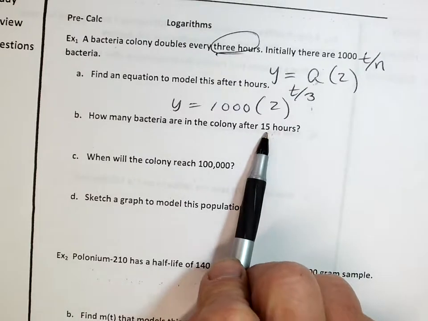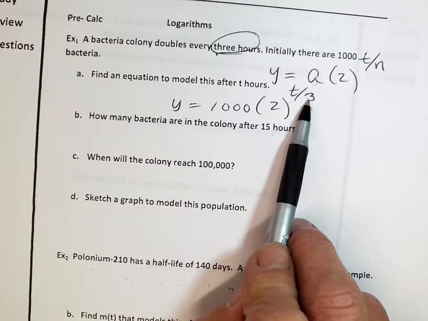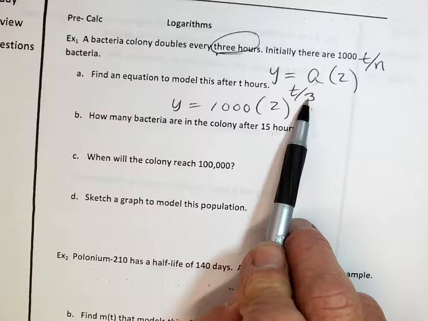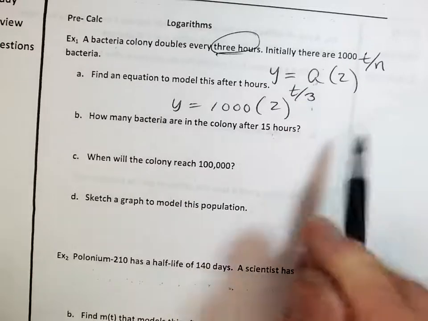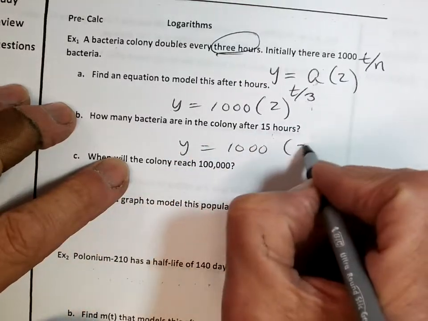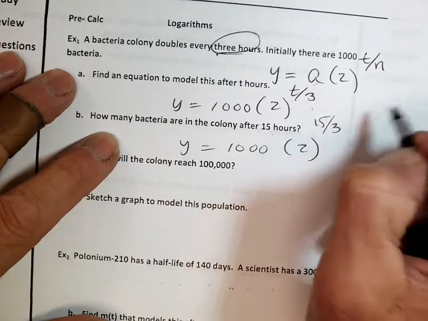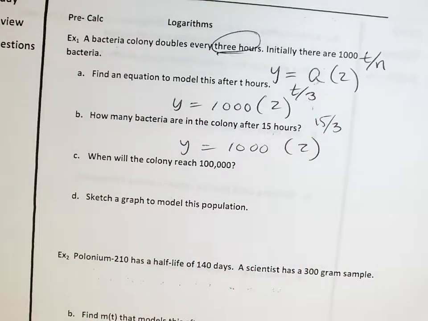So now think about this. In 15 hours, it's going to double 5 times because it does it every 3 hours. That's why the 3 makes it easy. If we just plug it in, Y equals 1,000 times 2 to the 15 over 3, and then we just use our calculator.